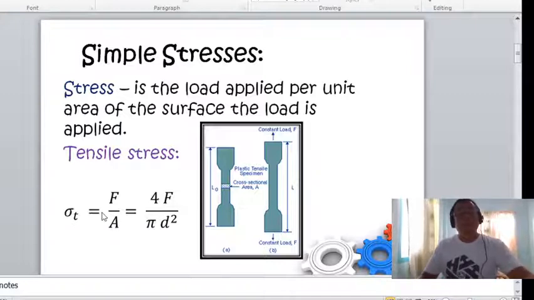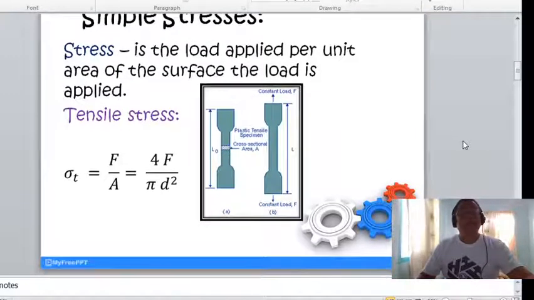That is equals to F over A, and knowing that the cross-section of the specimen here is circular, the area is equivalent to pi times the square of the diameter of the specimen divided by 4. Substituting it to the equation, sigma T is equals to 4F over pi d square. So that is about tensile stress.